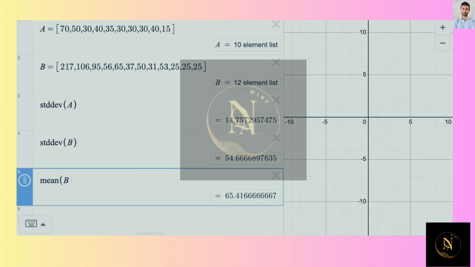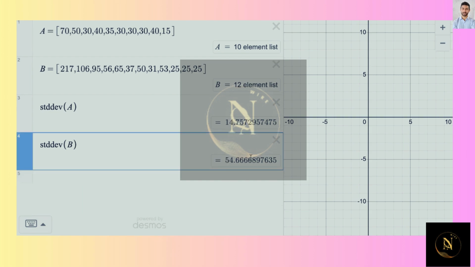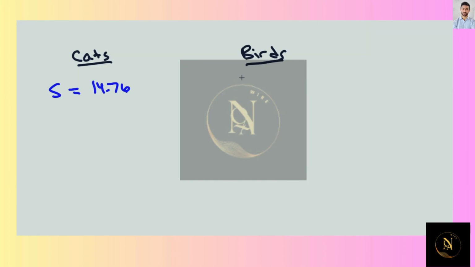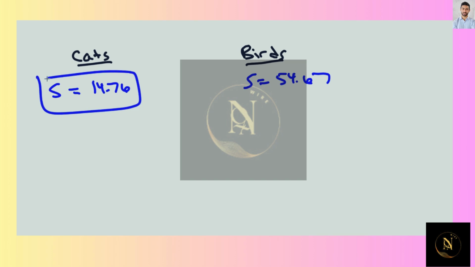You calculate the standard deviation by subtracting each element from the mean, squaring each difference, adding them all together, and square rooting. Now, that is 54.67. So there's a standard deviation for each of them.